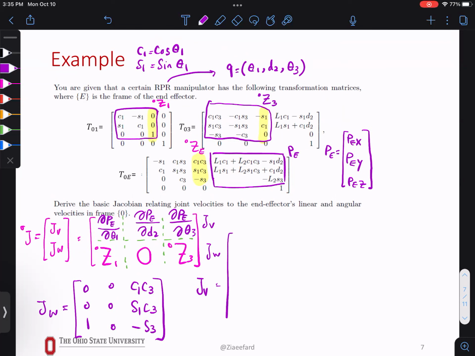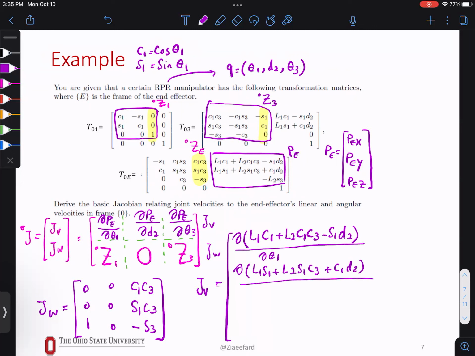We have the partial of the x position, L1 cosine 1 plus L2 cosine 1 cosine 3 minus sine 1 D2, with respect to theta 1, then the partial of the y position, D2 this time, that was our second one, then negative L2 S3, which is sine of 3, with respect to theta 3. And you do this 2 more times, correct?